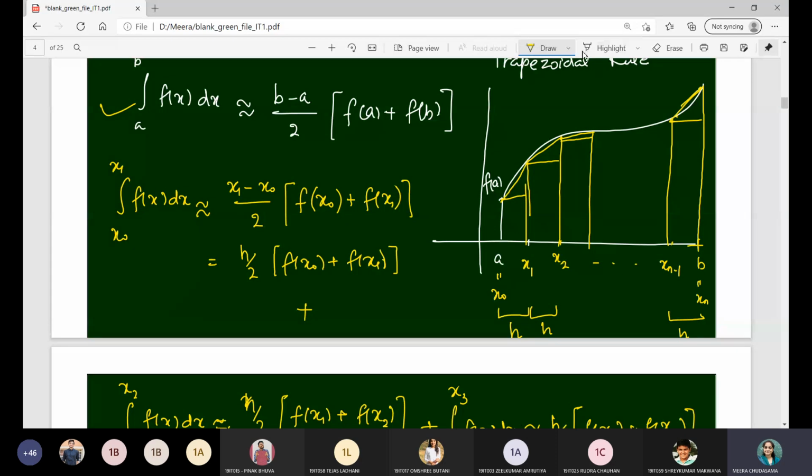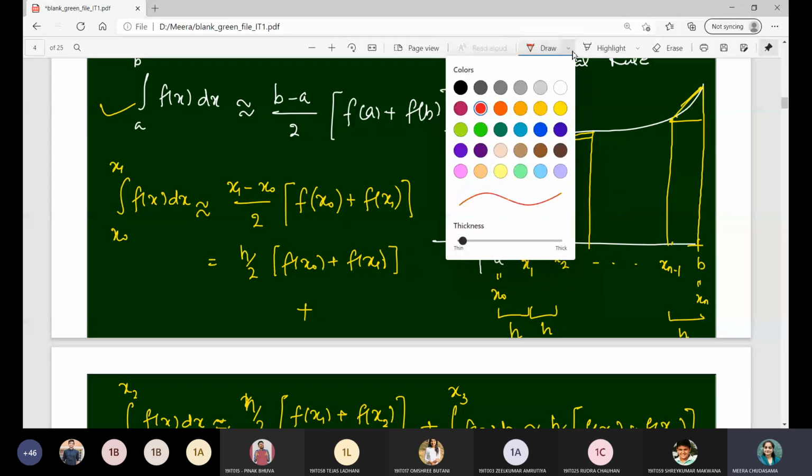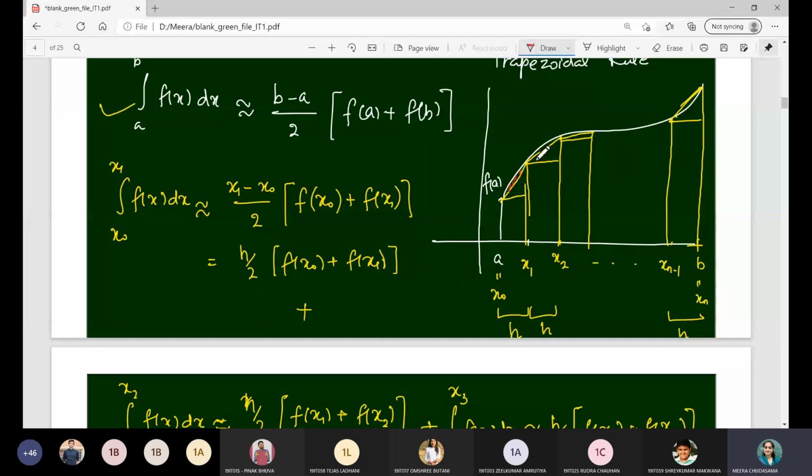So further, if these subintervals are approximated with a quadratic equation instead of this straight line, then we will get a better approximation. So how to fit the quadratic equation, and in that case it is called Simpson's rule.